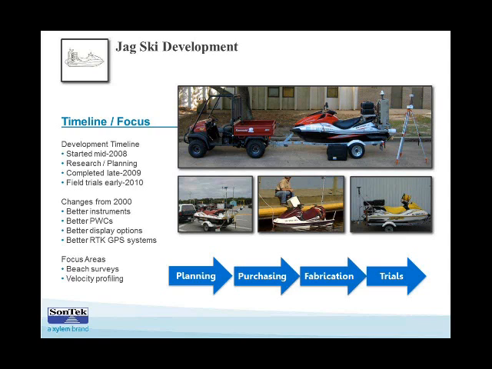It took quite a bit of research and planning. We looked at probably every single personal watercraft available on the market at the time, looking for the best combination of weight, power, fuel, storage, and size so we could mount instrumentation to it. And we completed it sometime in late 2009 when we received our first M9 profiler from SonTek.